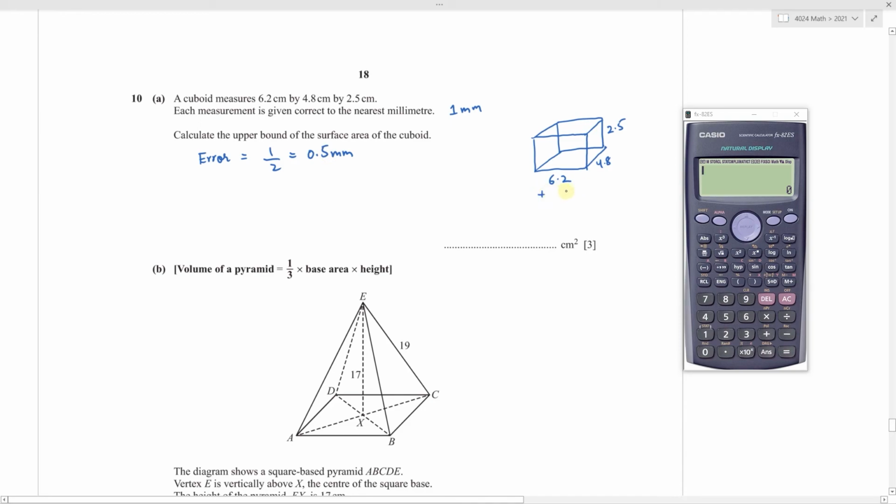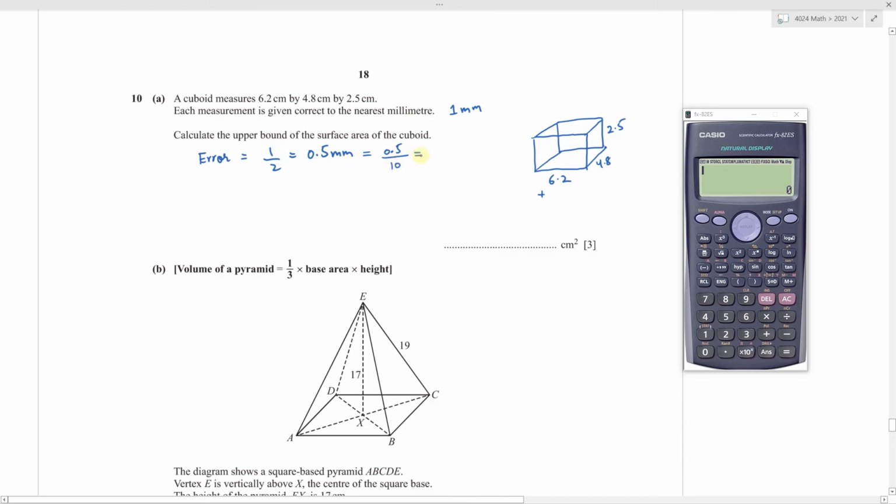So this is 6.2 centimeter. So the error is 0.5 millimeter. I need to convert this into centimeter. So 0.5 divided by, so 1 centimeter has 10 millimeters.